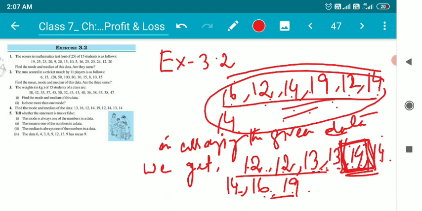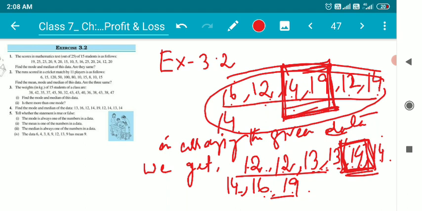Number 3, the median is always one of the numbers in the data. Children, it is not always true, because when we have an odd number of data, the median belongs to the data only. But when the data is in an even number of series, we find the mean of the middle two numbers.